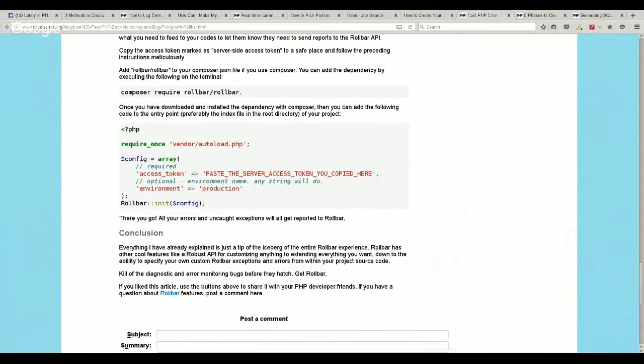But now there are many third-party services. I don't know for PHP specifically, but for mobile applications, for Node.js, for server monitoring, there is lots of stuff available.